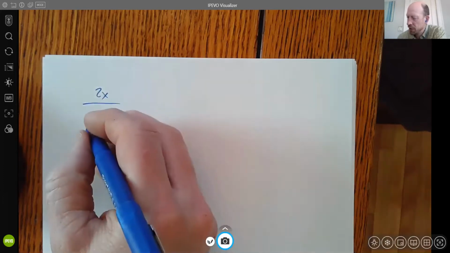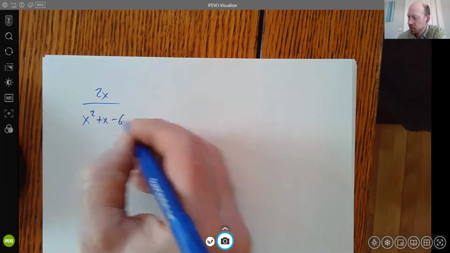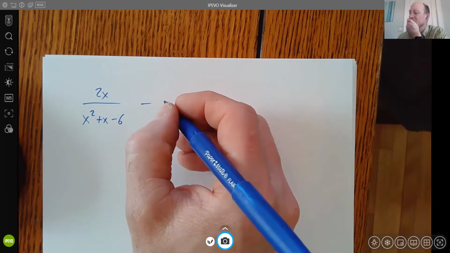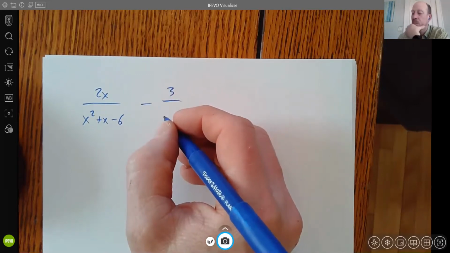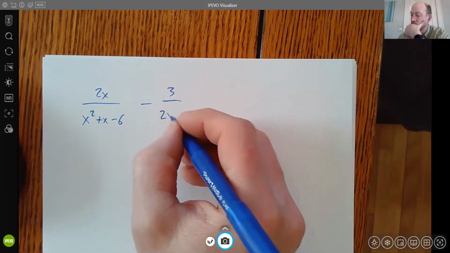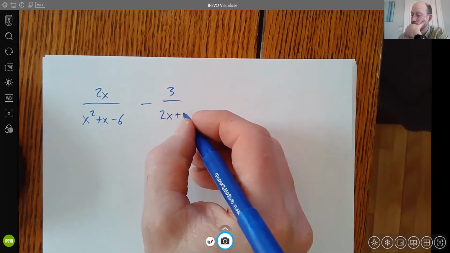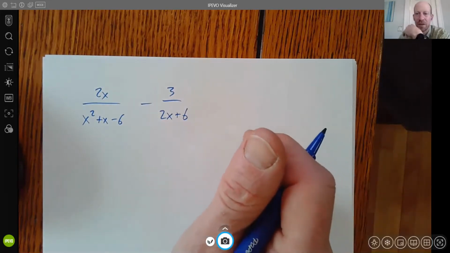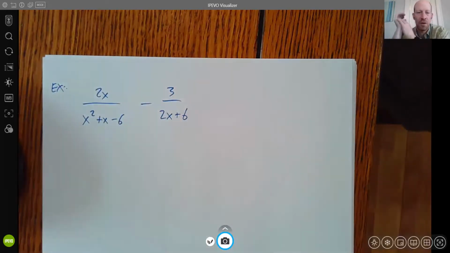Let's try 2x over x squared plus x minus 6, minus 3 over 2x plus 6. I had to think about that to make sure I had the right pieces.